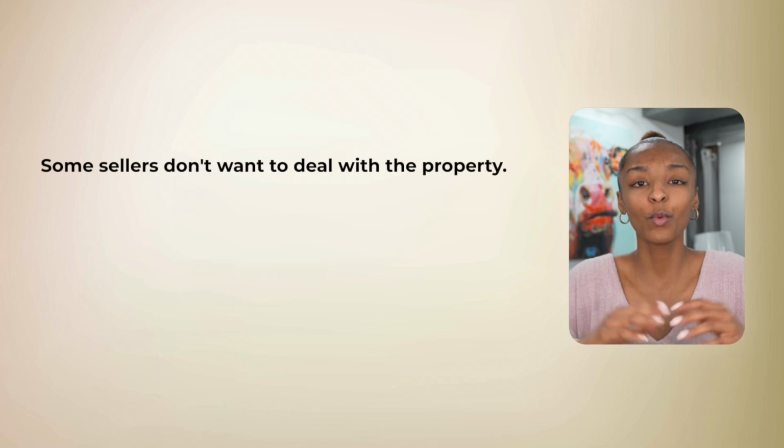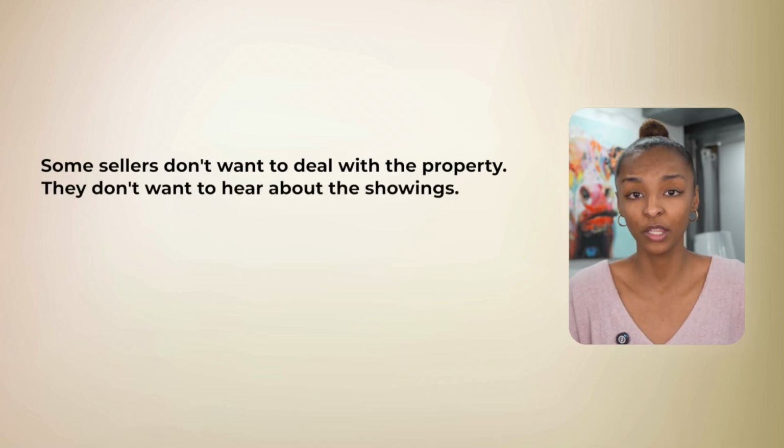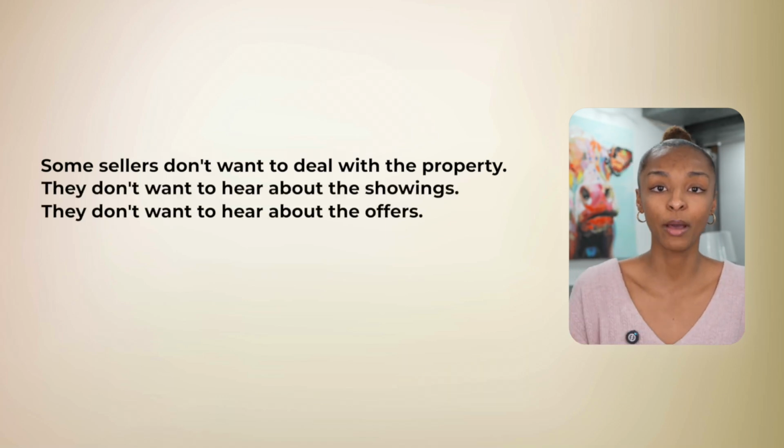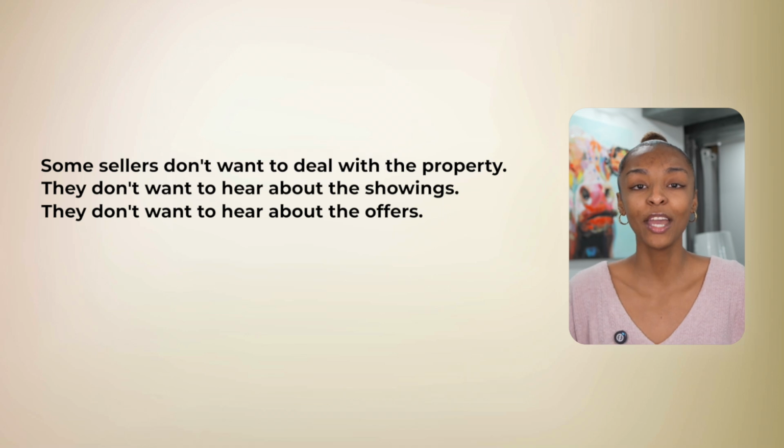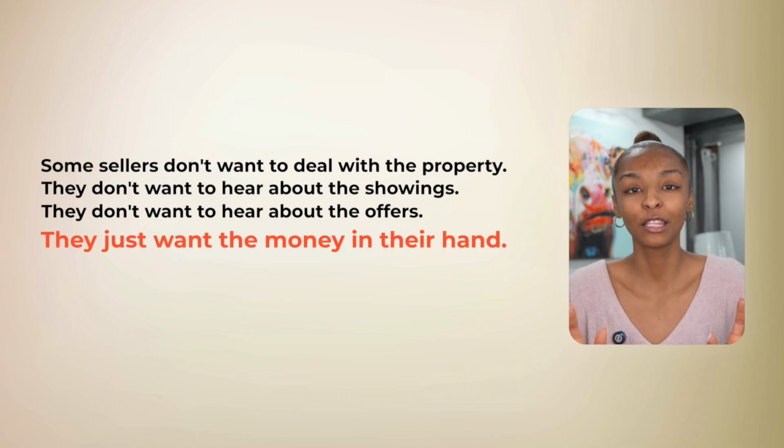Some sellers don't even want to deal with the property. They don't want to deal with hearing about the showings or hearing about the offers or anything like that. They literally want it off of their plate and they just want the money in their hand. So when you have a seller like that, novations are a great way to make deals happen where it's a win-win scenario. You're able to help the seller out, but you're also able to make a good profit as well.